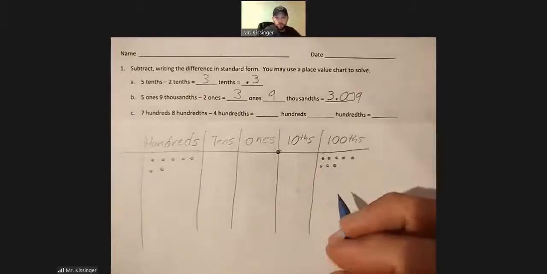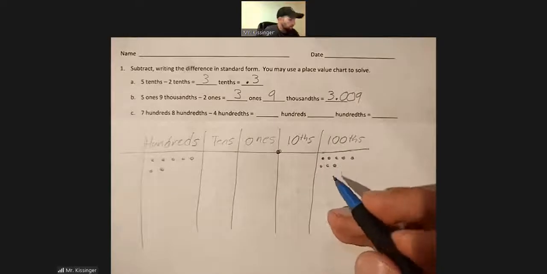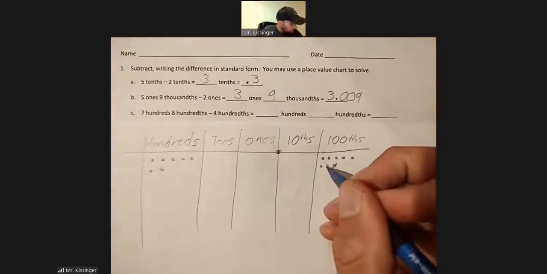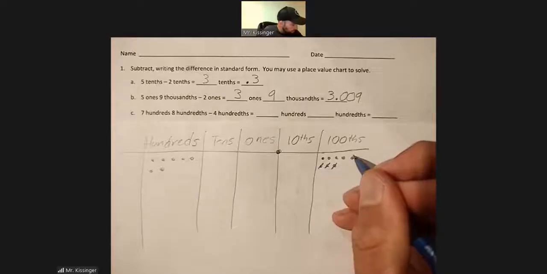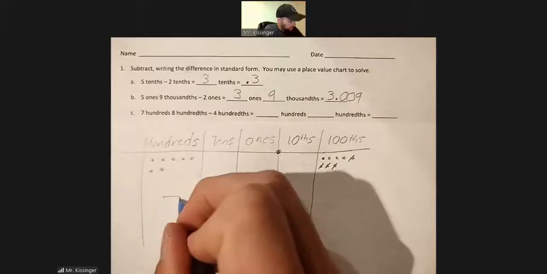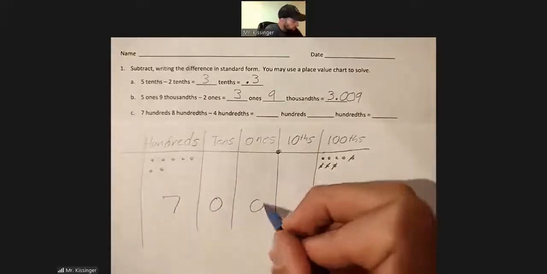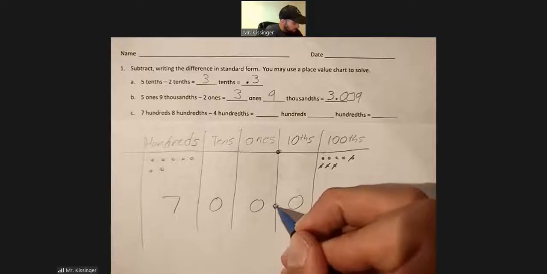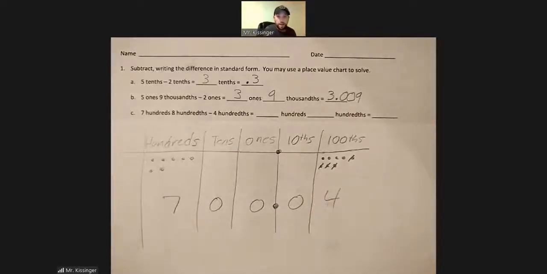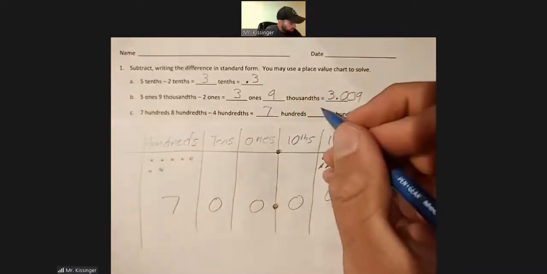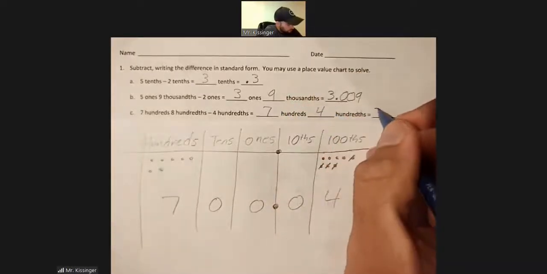So what we're going to do is subtract our 4 hundredths: 1, 2, 3, 4. Then we have 7, 0 here, 0 here, 0 here, and we have 4 here. We bring our decimal point down. We have 704 hundredths. So 7 hundreds, 4 hundredths, 700.04.